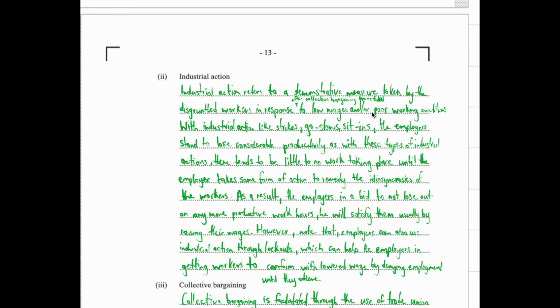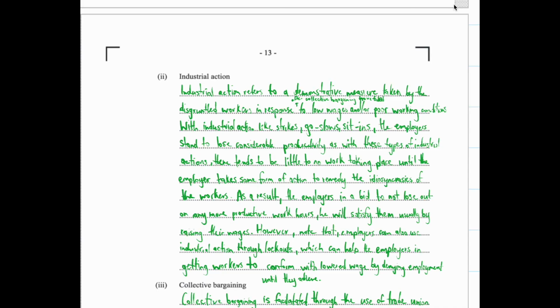However, note that employers can also use industrial action, in the form of lockouts, which is where the workers report again for duty, but this time the employer has closed the door, and they are unable to go in and work.